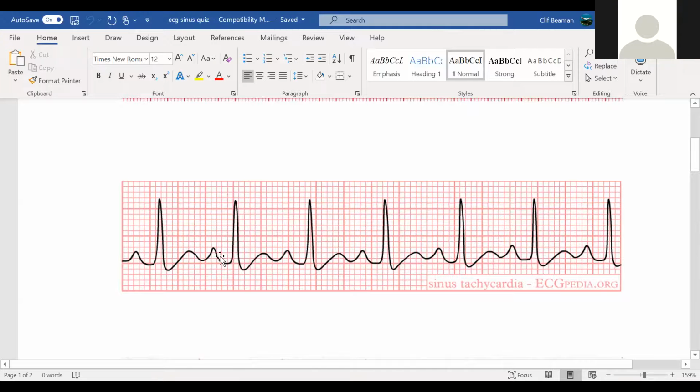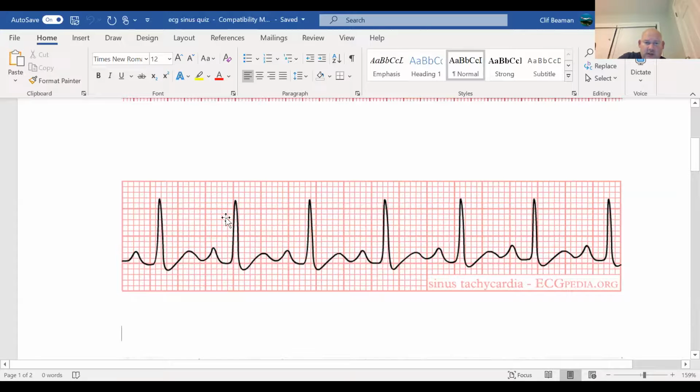right? And we have a 1-to-1 ratio, right? 1 P wave, 1 QRS. 1 P wave, 1 QRS. So they're all here, right? Yeah. Okay. So by definition, for all those rules that I gave you, we have a rate of 70, which is between 60 and 100.